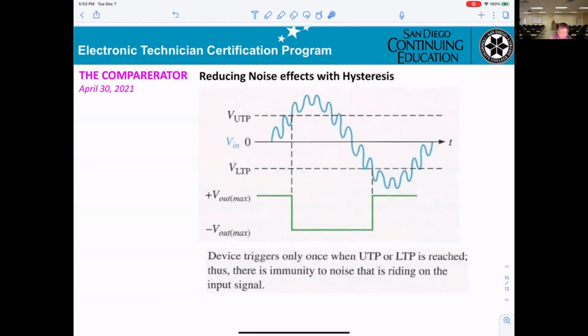So now they need to calculate the upper trigger first, which lies here, and they calculate the lower trigger here. So the output triggers only once when the upper trigger or lower trigger point is reached. Otherwise, it just goes sideways with too much noise.